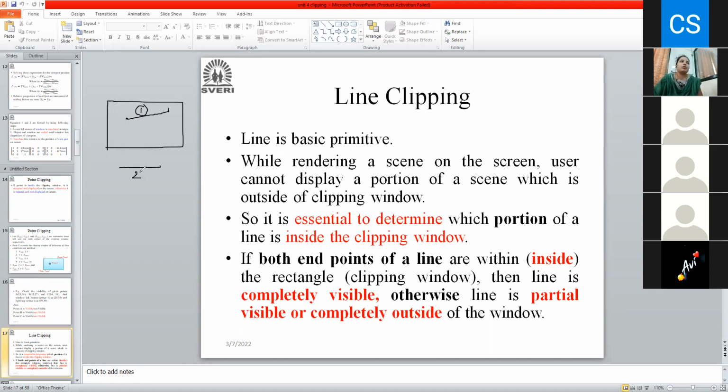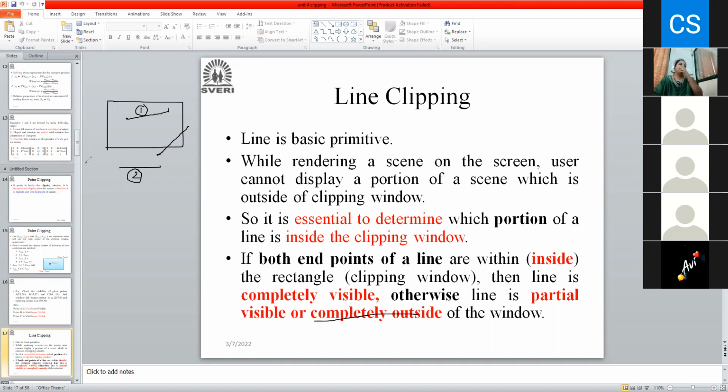We are going to call this a completely invisible line. So it is completely outside or completely invisible if both the endpoints are outside. But what is the partially visible line? Consider this example where both the endpoints are outside, but the line joining them is passing through the clipping window.